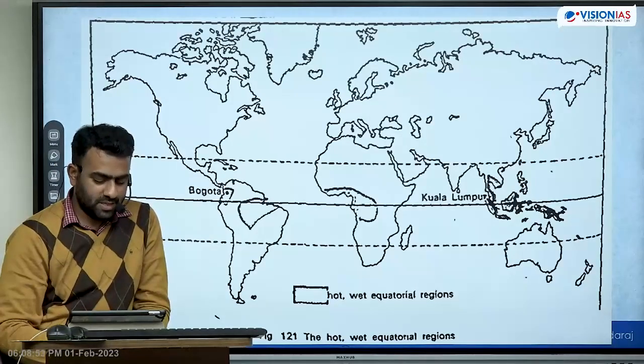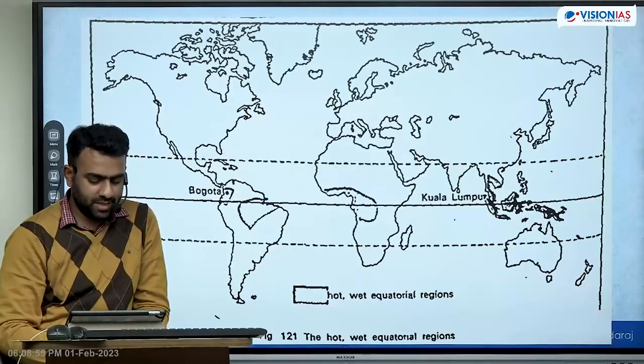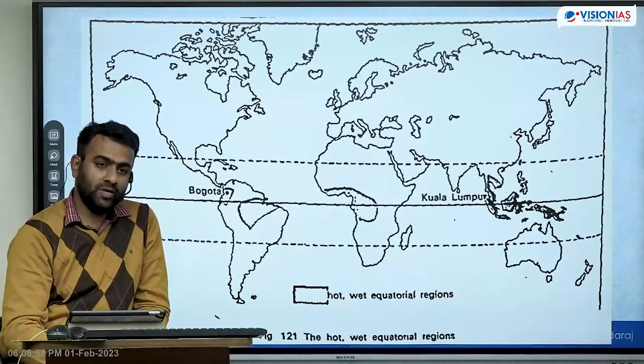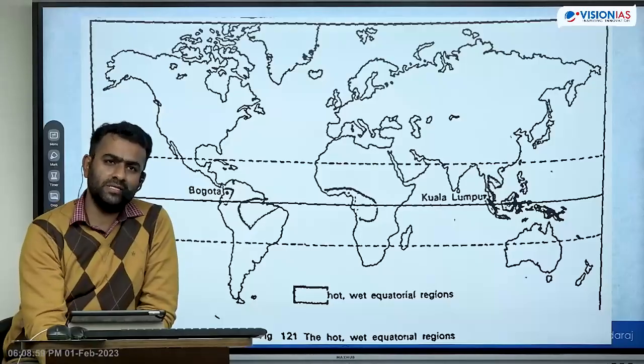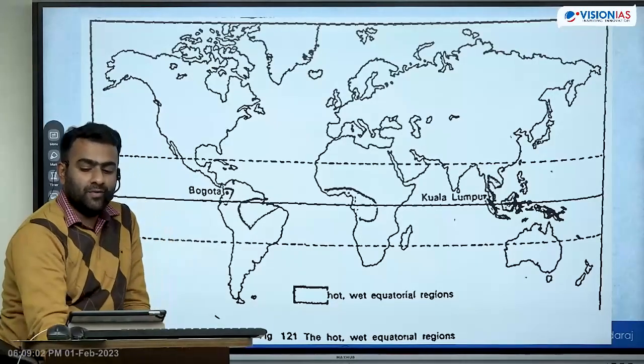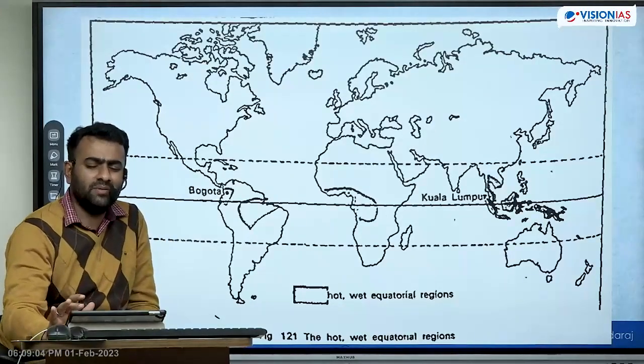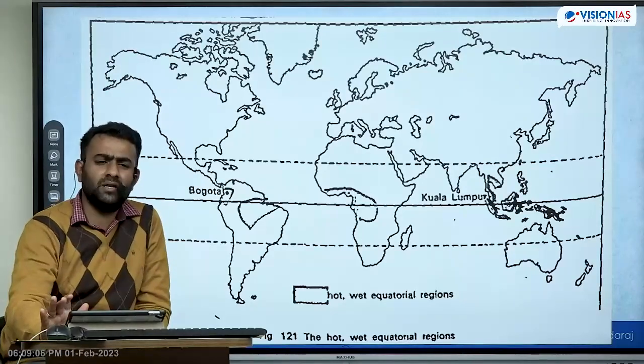Daily maximum is 30 degrees and daily minimum is 20 degrees. So ये पैटर्न जो है ये पूरा साल भर ऐसे ही रहता है. 30 डिग्री से ज़्यादा होगा ही नहीं. Why will the temperature not cross more than 30? 30 मतलब 30, 32, 33, उससे ज़्यादा नहीं होगा.